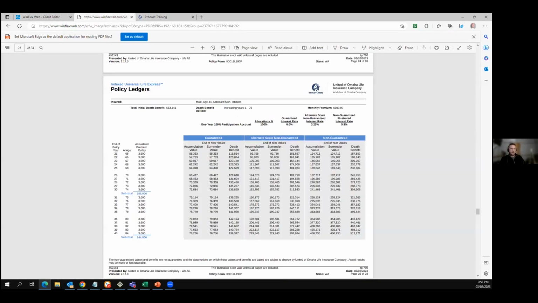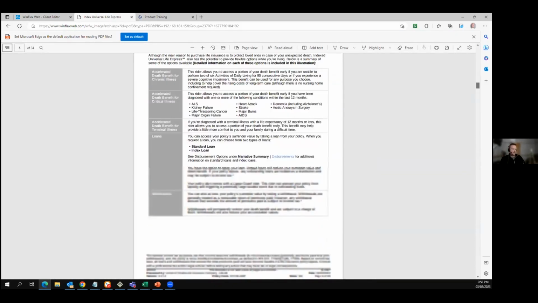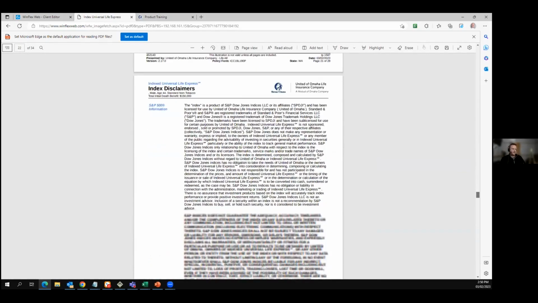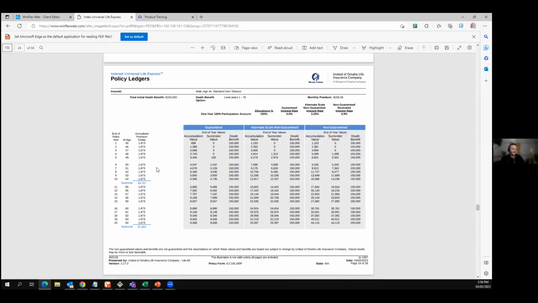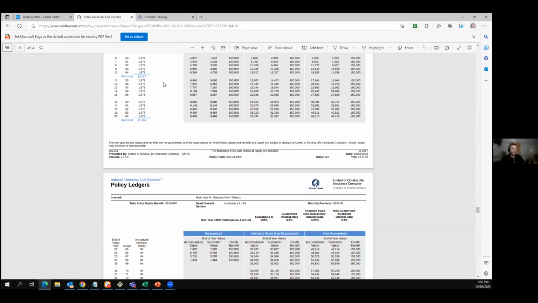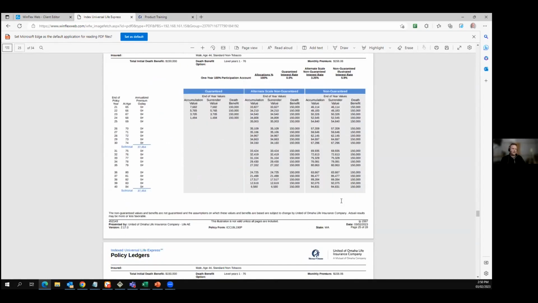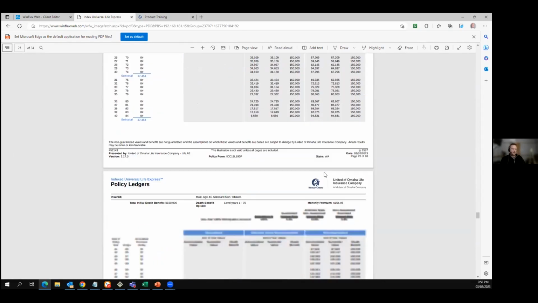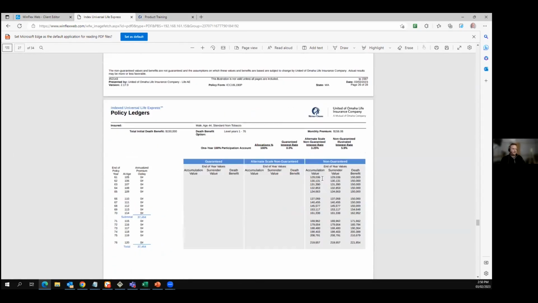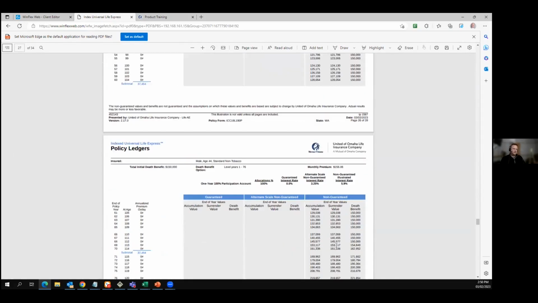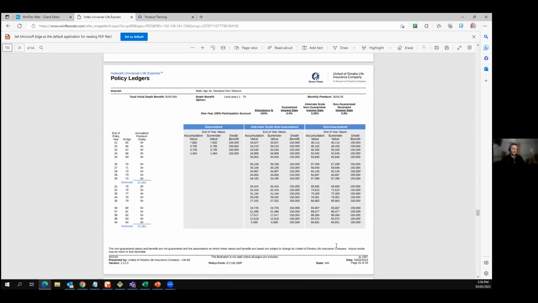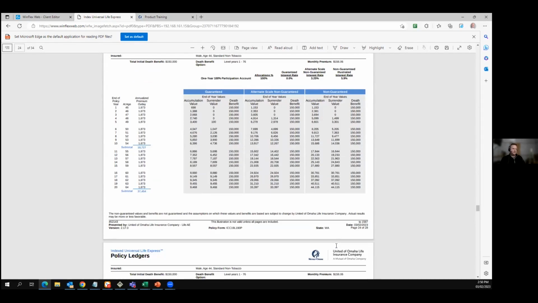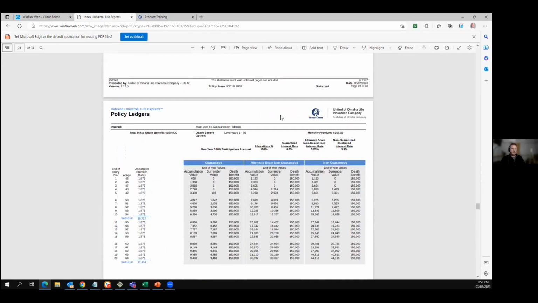If you go to our illustration, we'll go down to the policy ledgers. In this example, they will pay for 20 years and then stop at 65. Their non-guaranteed cash value is going to continue to run all the way out to age 120 to keep this policy in place while just paying 20 years of premiums.